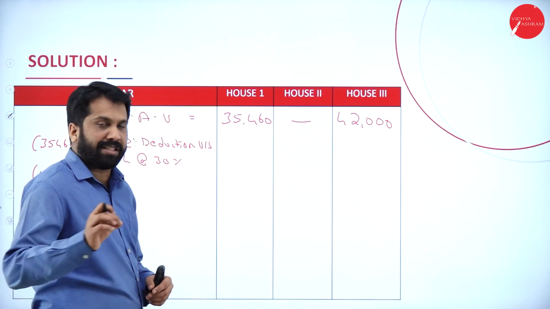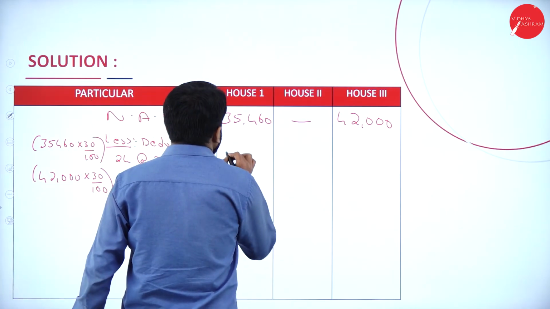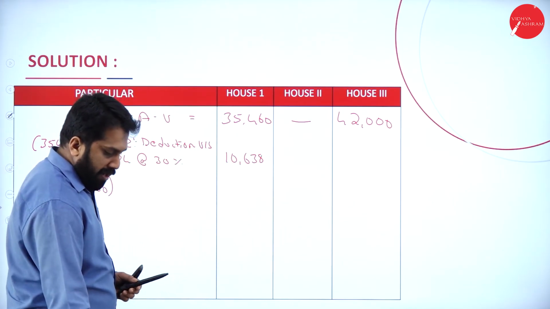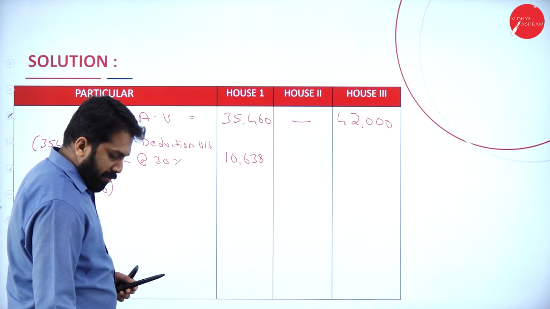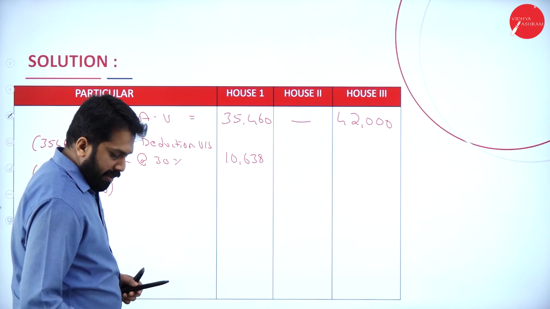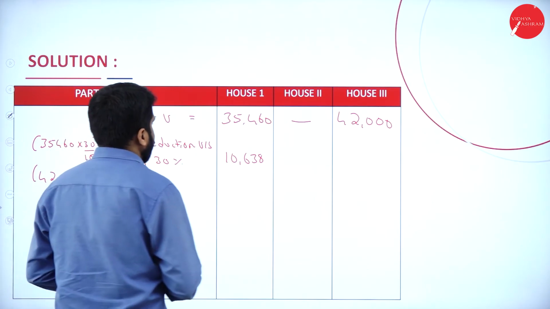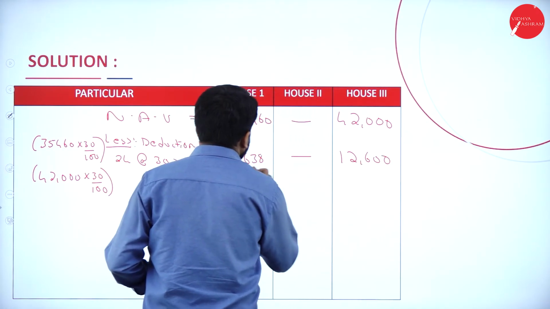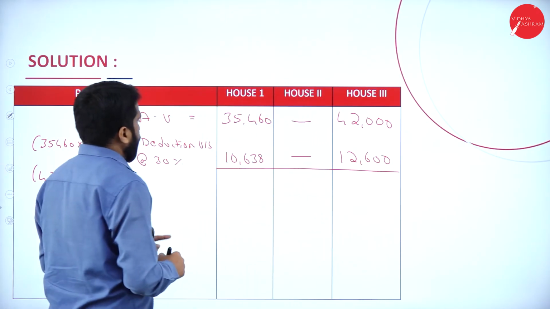I got 10,638. What is the next? 42,000 into 30%. I got 12,600.